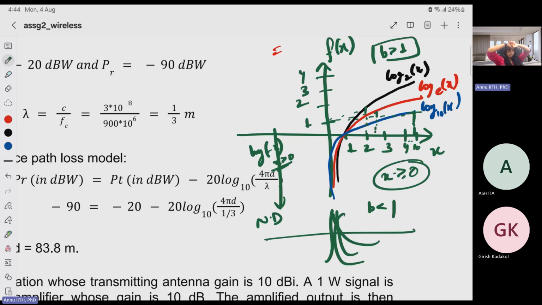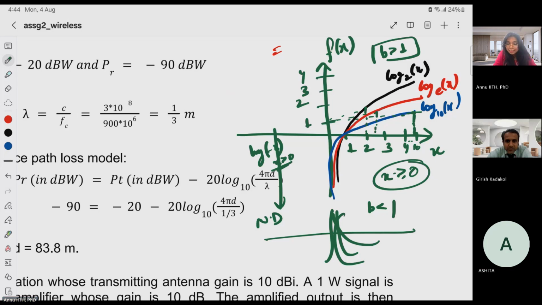Are you a student? Are you faculty? Hi, Asita. Yes, myself Ashita, and I am working as HOD in the mechatronics department in a Polytechnic College, and I am pursuing PhD at SVNIT Surat.